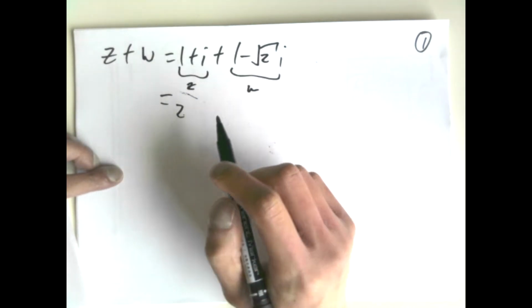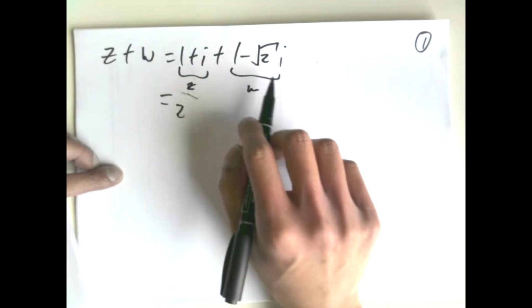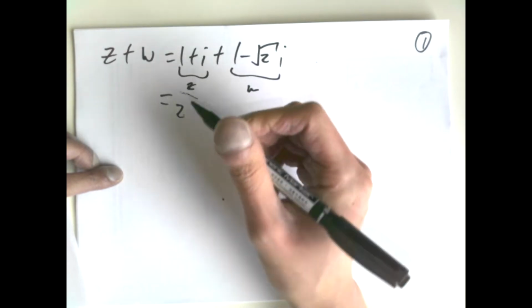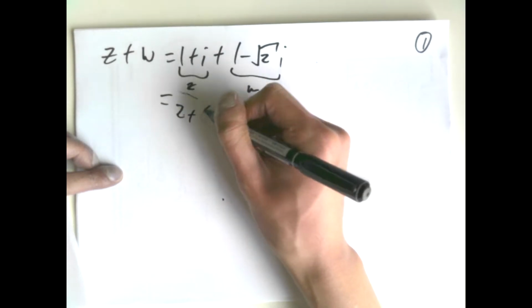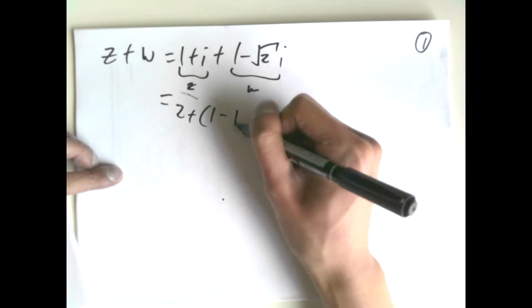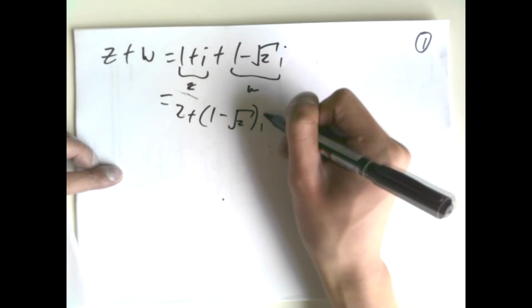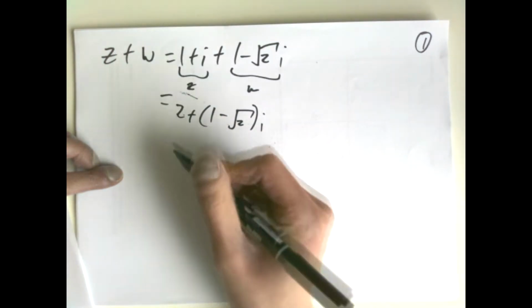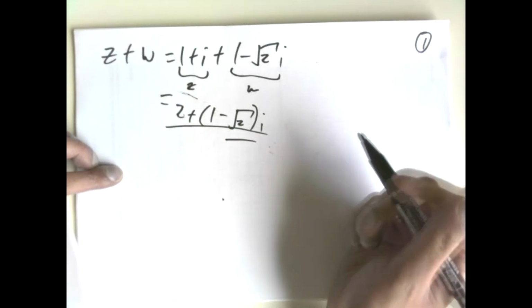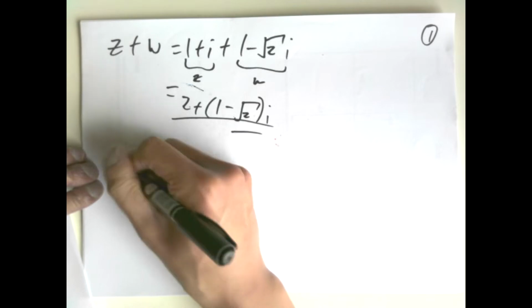And we add the imaginary parts, so i minus root 2 i, so plus 1 minus root 2 i. And that's fine.